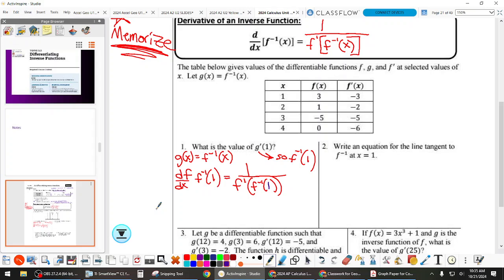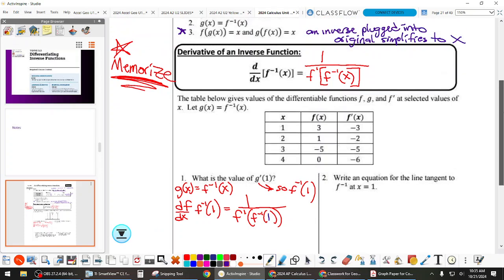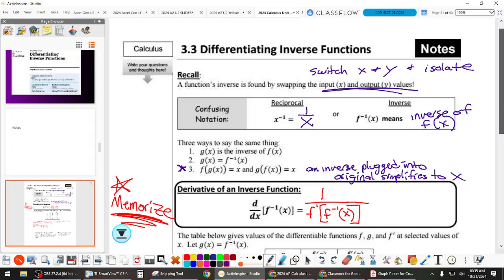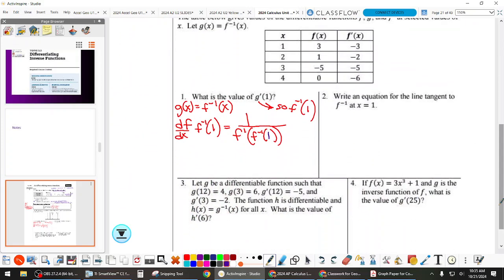If you notice in the table, we don't have f inverse. So it goes back to that top statement of switching x and y, or swapping output and input. So f inverse of 1 means what? What are we really looking for? Y equals 1.